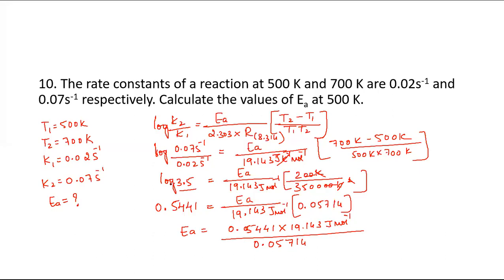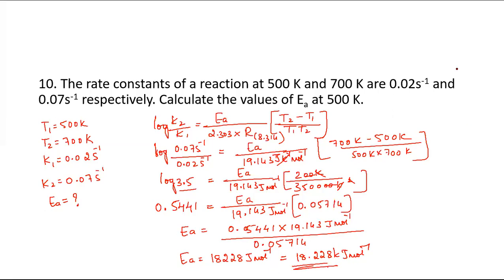So the final answer will be EA is equal to 18228 joule per mole. To convert to kilojoule, it will be 18.228 kilojoule per mole. So this is our final answer.